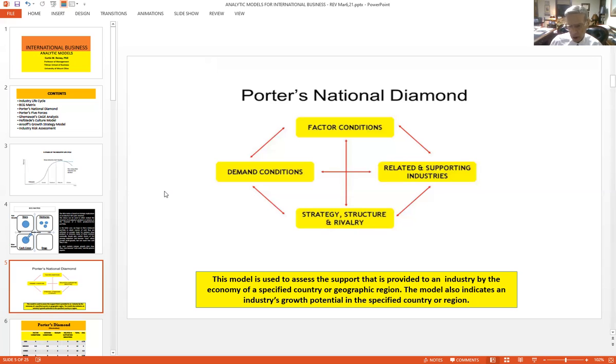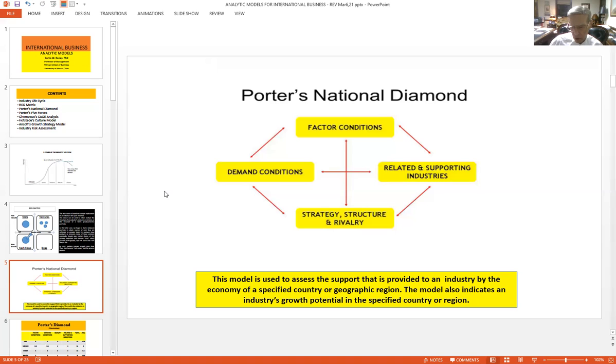So the four elements of the diamond, as you can see, are the factor conditions, and that's essentially the recipe for the products or services of the industry. In the old days, we used to talk about the materials, labor, and infrastructure or overhead.